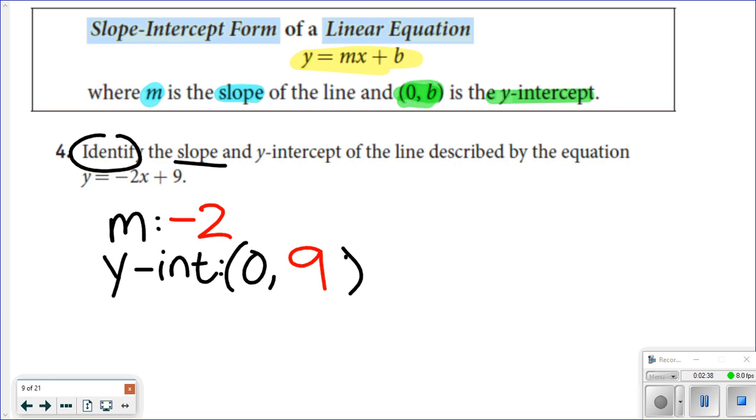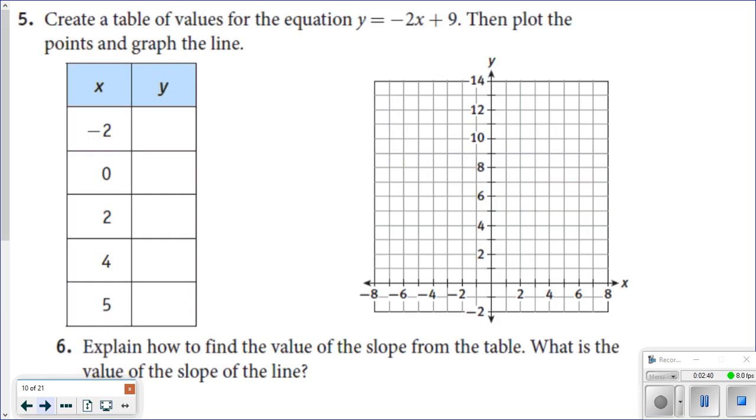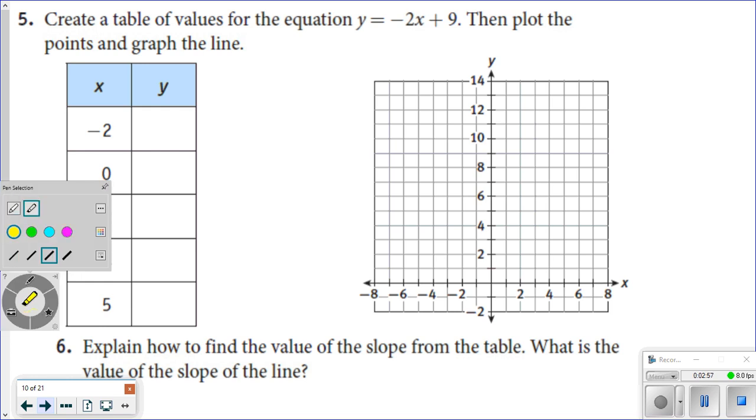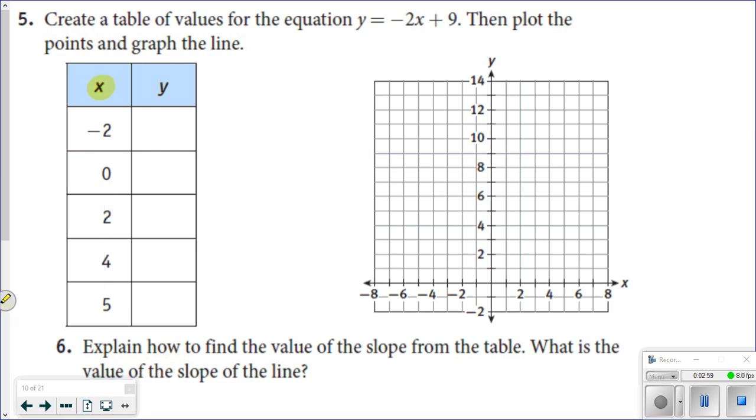So let's use this equation for question 5 at the top of the next page. We are going to create a table of values, which means we're going to substitute or plug in x values. So we're going to take these x's and substitute or plug them in right there for x, next to this negative 2.